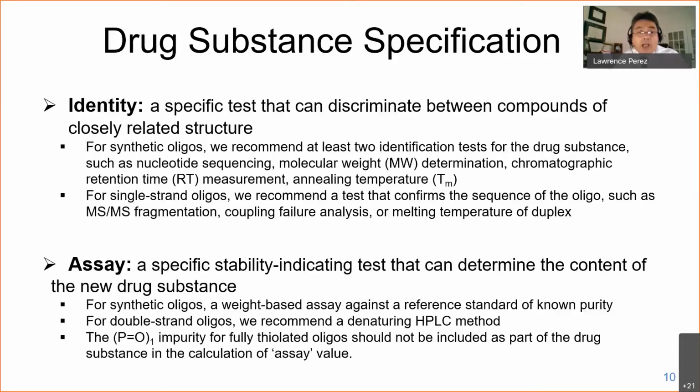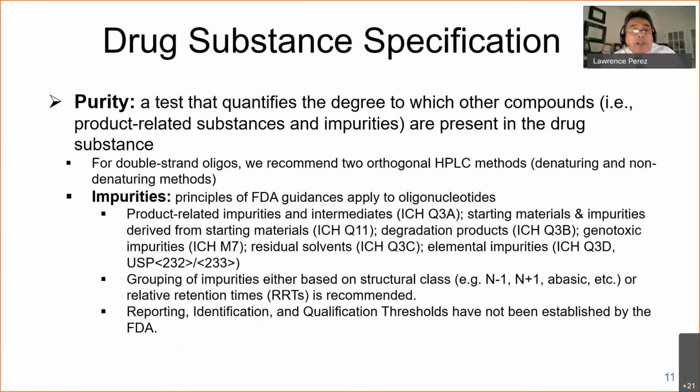Lastly, I wanted to talk about the purity test, and we've mentioned a little bit about it in terms of impurities, but the purity test should be a test that quantifies the degree to which other compounds, such as some of the drug-related impurities, are present in the drug substance. And here, for double-stranded oligos like siRNA, we recommend that as part of this test, you use two orthogonal HPLC methods.